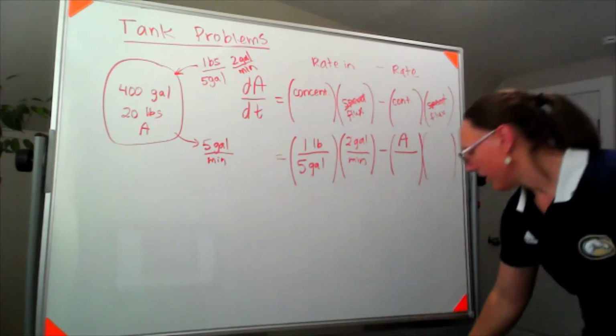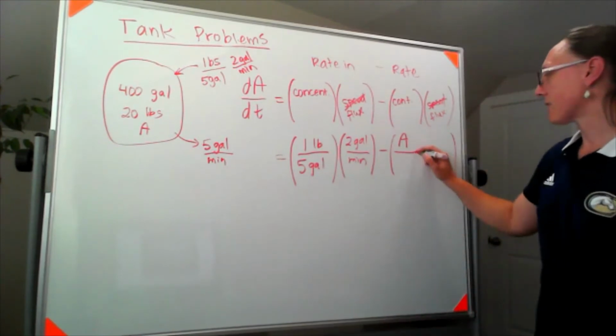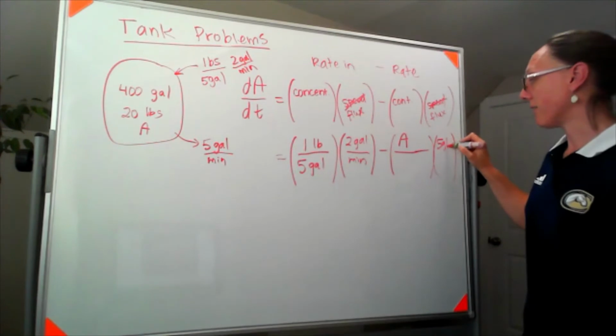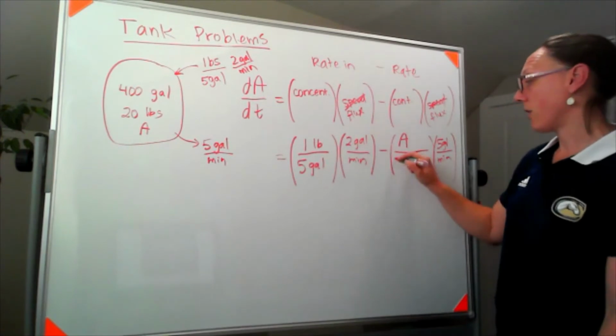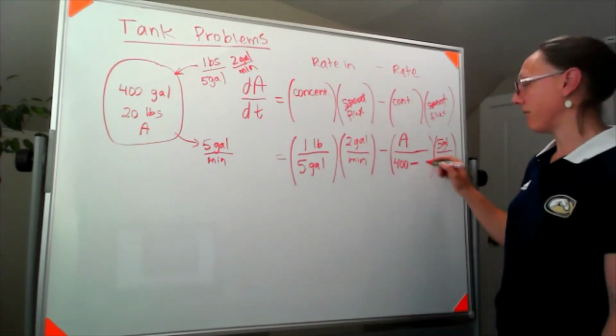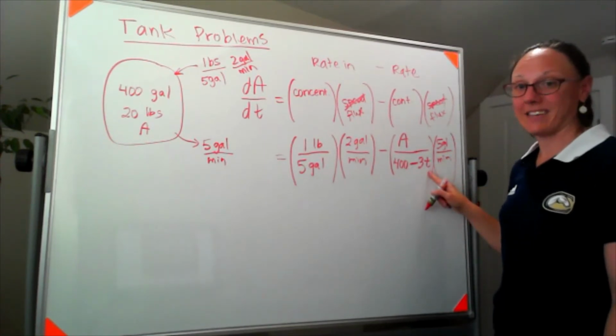So over here, I'm going to squeeze this over. Over here for my flux piece, or my volume per unit time, that would be the 5 gallons per minute. But for my concentration, we started at 400 gallons, but we are losing, so it's negative, 3 gallons per minute. So I'm going to put that t there.